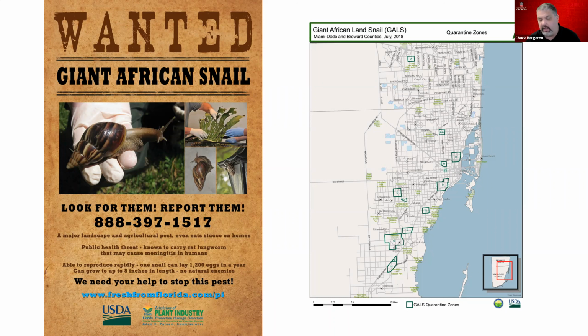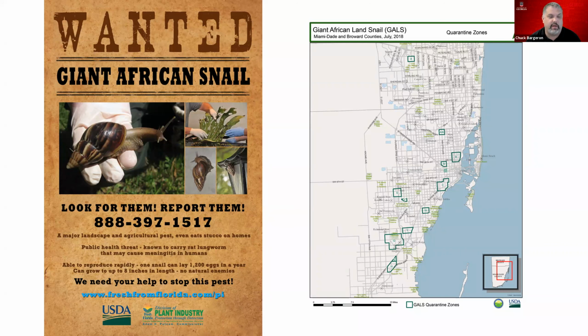And this is in an urban environment. They eat pretty much anything and everything, and they can carry the rat lungworm, which can cause meningitis in humans. So there is not only a landscape and agricultural pest problem with these snails, as they can eat stucco on homes, which is even crazier, but there's also a public health problem with these snails.